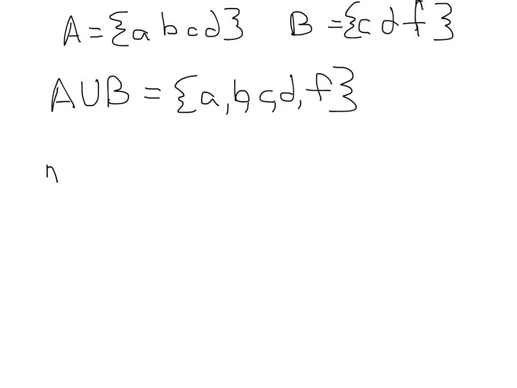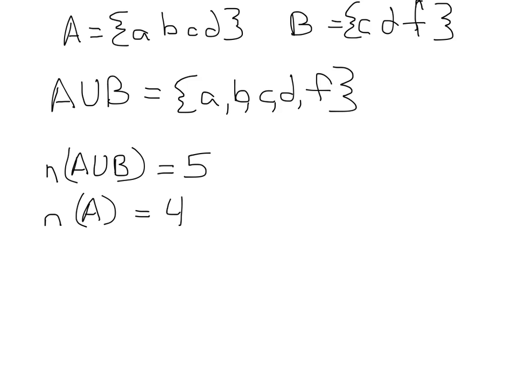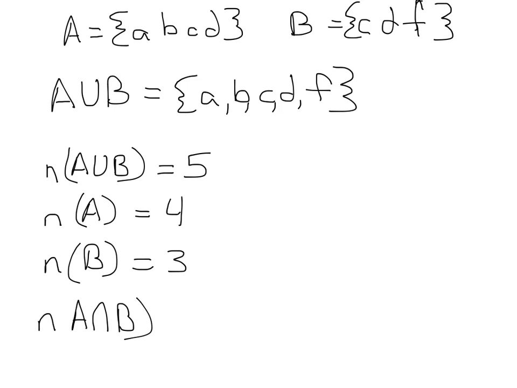So the cardinality of the union equals 5. A itself had 4 elements. B had 3 elements. So if I was looking for the size of A union B, what you're going to have to do is take the size of A plus the size of B and then throw out the size of the intersection. Now, I didn't write the intersection yet, but it has 2 elements.